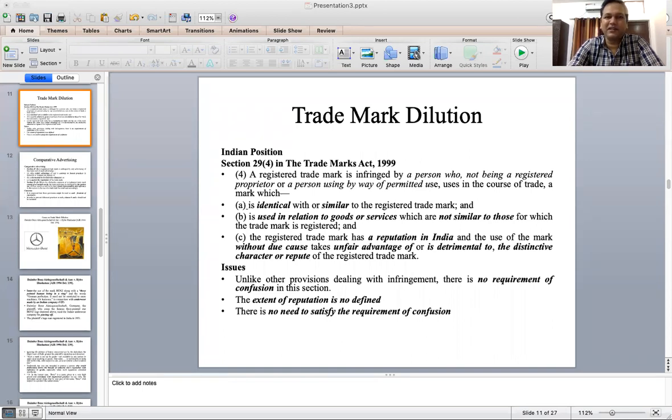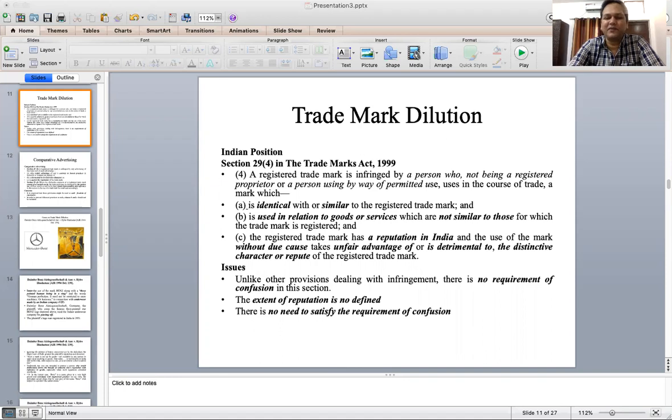In that very case, that is also considered a kind of violation, because you are taking unjust benefit from it. But in free riding cases, that thing is not that intense, because sometimes it has a detrimental effect on the well-known trademark and sometimes it does not. All these things I have discussed in the previous lecture, so I will be sending you. I don't think there would be any problem.